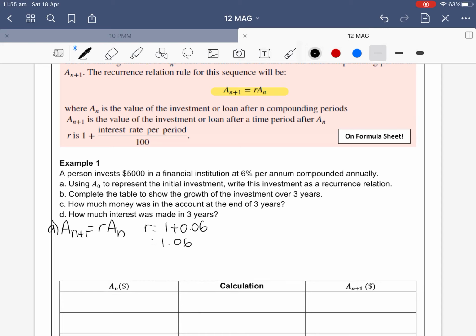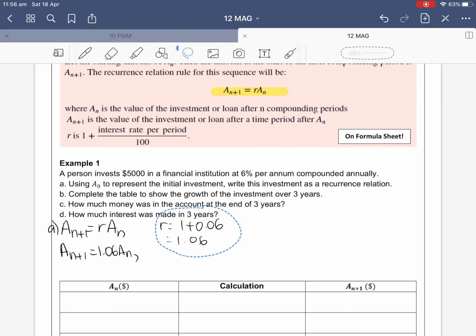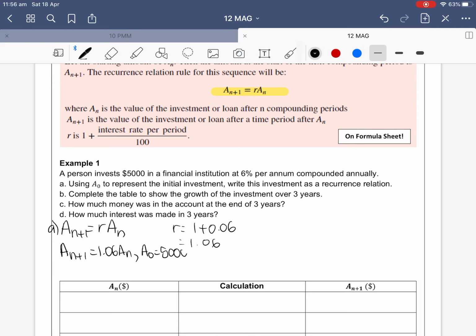Subbing that back in on the left, A(n+1) equals 1.06 times A(n), and then after a little comma, A0 equals 5,000. So this is how we would answer part A for that question. We've written the recurrence relationship and we've stated the first term.